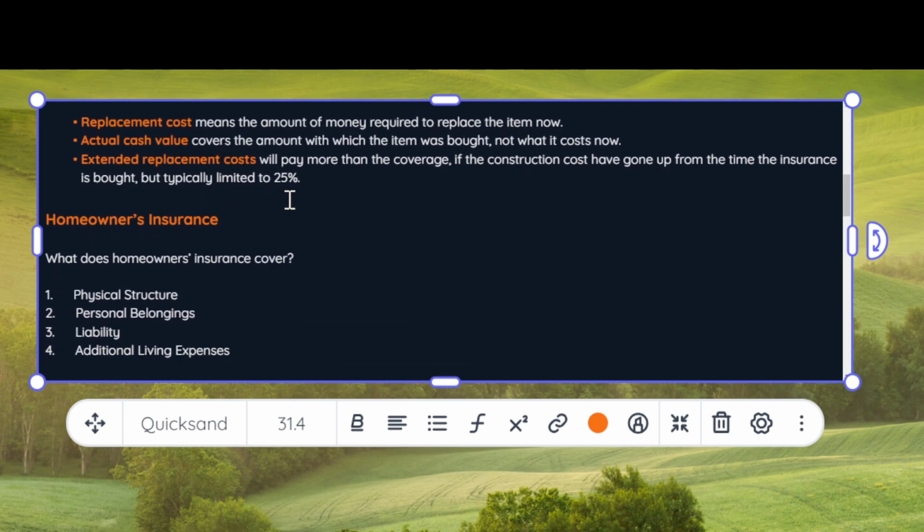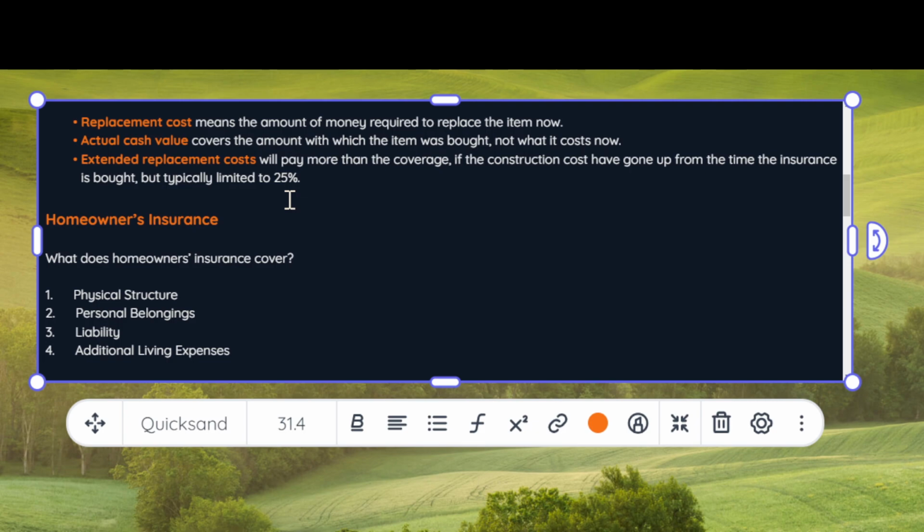Now we will start looking into what are the different types of property insurance. The first and most important being homeowners insurance. So if you own a home, you need to have a homeowners insurance, plain and simple. But what all does it cover? It covers the physical structure of the home, any personal belongings that you have within the home, any liability that comes to you for any incident that happens in your home, and then any additional living expenses that you may accrue, right?